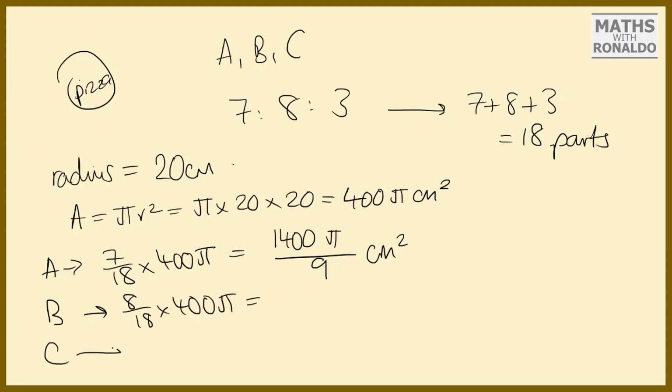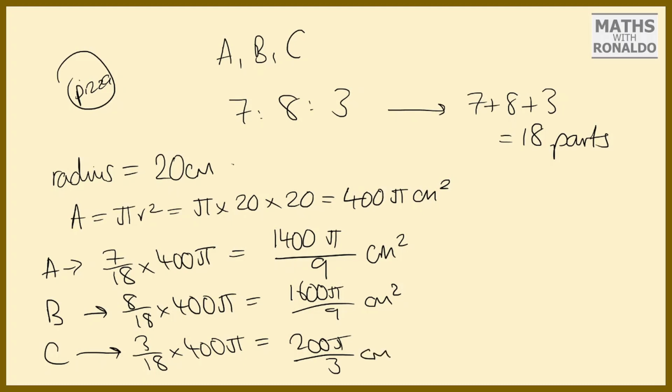For C, you'll get 3 over 18 times 400 pi. If you do those, you get 1600 pi over 9 centimeters squared for B, and 200 pi over 3 centimeters squared for C. And that is quite simple.